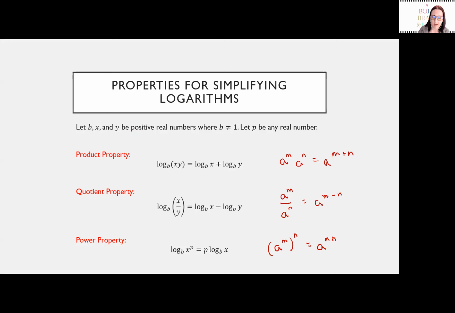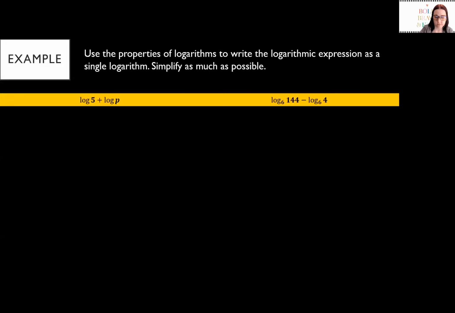So we have something that's added together. We're going to write it as multiplication. That's going to be using the product property, where we're taking two things that are added and we are recombining them into one thing where they're basically multiplied together.